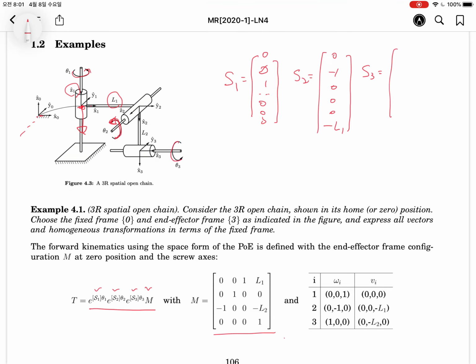S3 corresponds to this movement, and it is aligned to the x-axis, so 1, 0, 0.